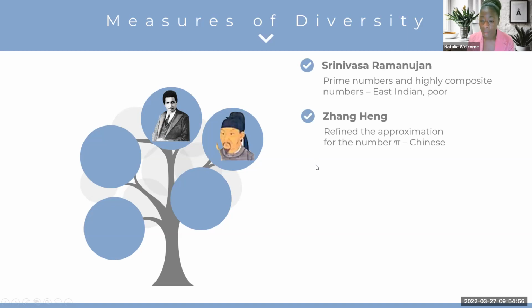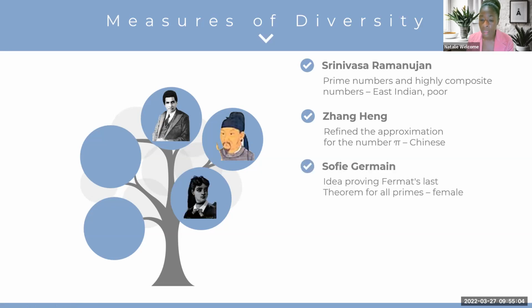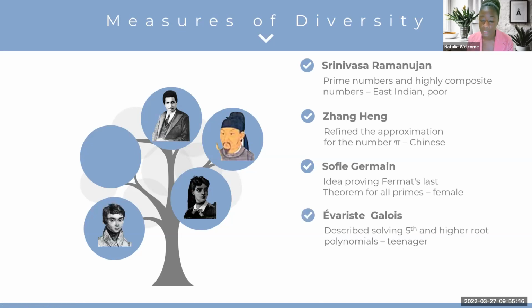Hang, he redefined the approximation of pi. We consider him ethnically diverse. Sophie Germain had the idea for proving Fermat's last theorem for all primes. Regarding her gender, we consider her diverse.